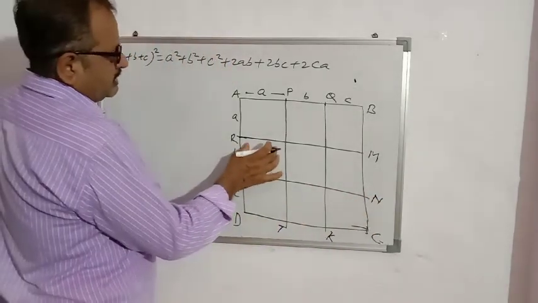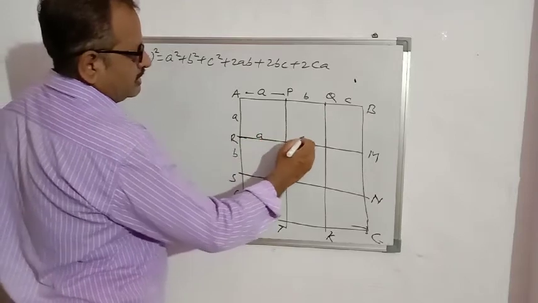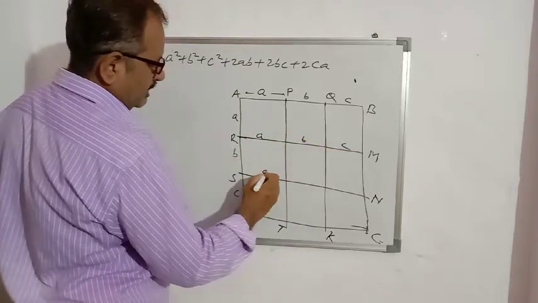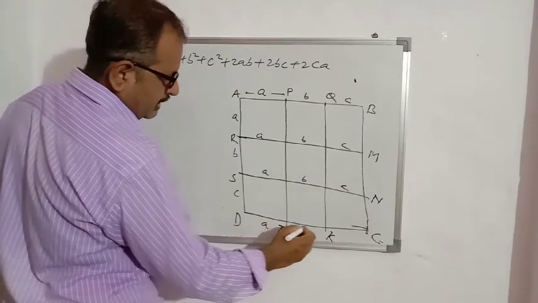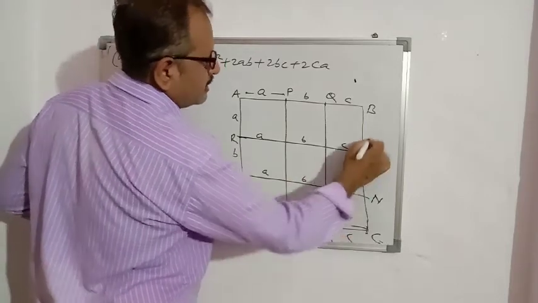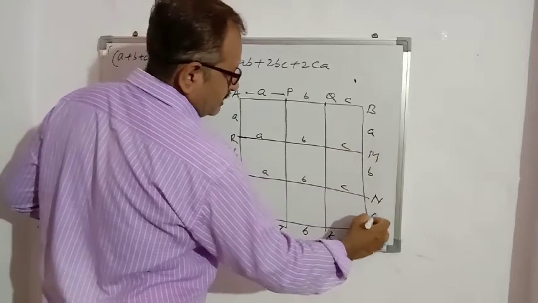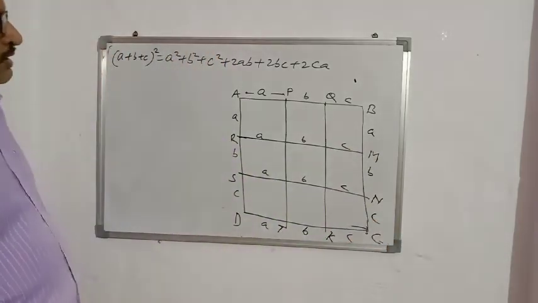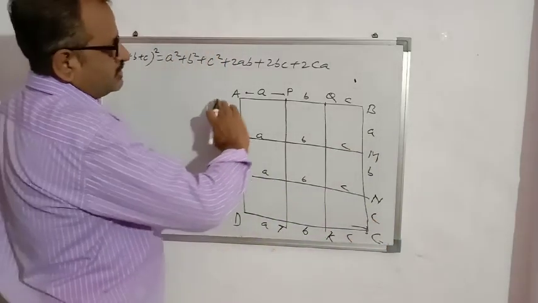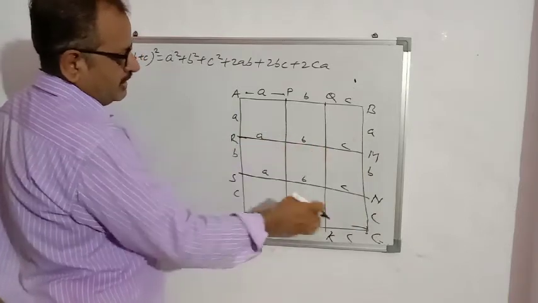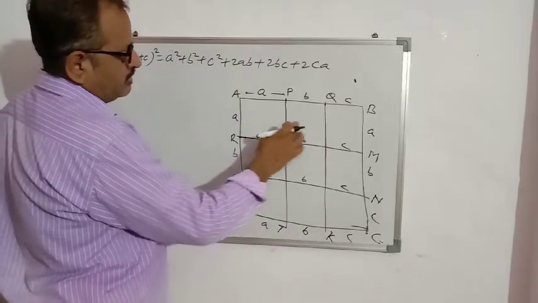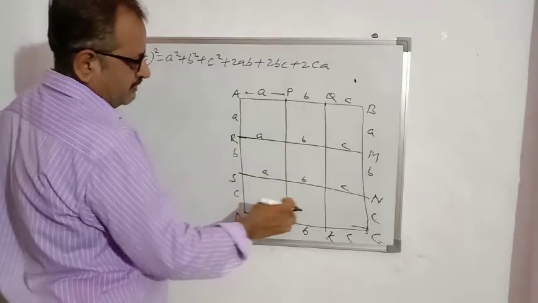So what will be this side? It will be A. This is B. This is C. Again it is A, B, C. This side is A, B, C, A, B, C. Now we have divided the whole square ABCD into 9 parts: 1, 2, 3, 4, 5, 6, 7, 8, 9.